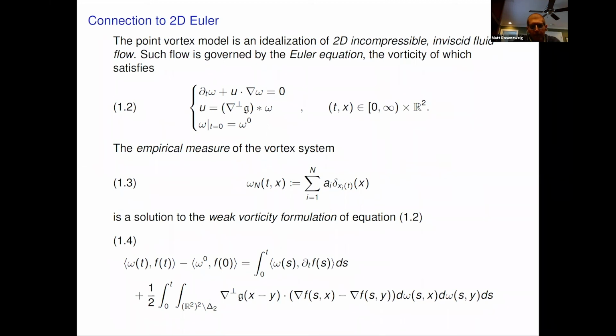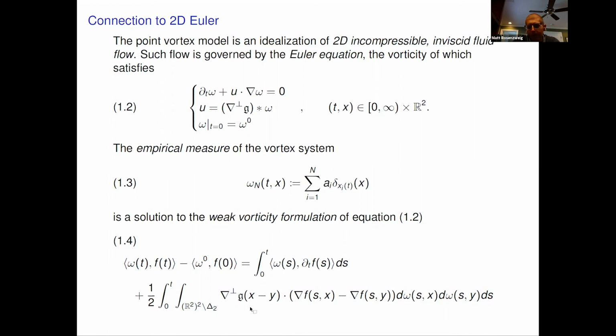Now, how do we connect this to the point vortex system? Well, let's take the empirical measure of the vortex system, which is this counting measure given in equation 1.3. And I claim that this is a solution to what's known as the weak vorticity formulation of the Euler equation, where it's been written in weak form, but the nonlinearity has been symmetrized so that you can cancel out the singularity along the diagonal.